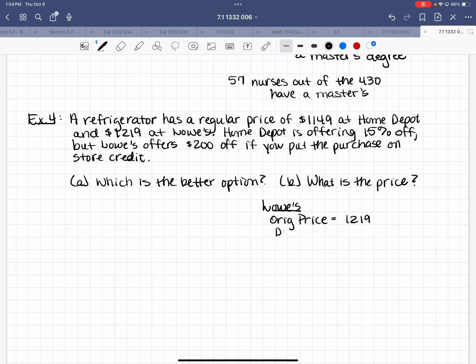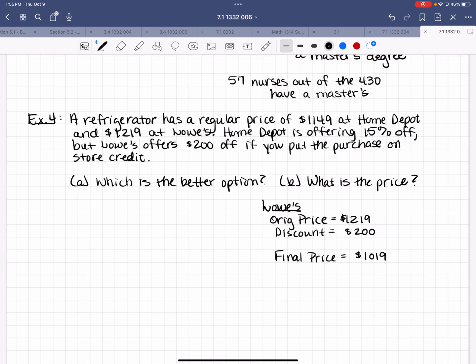The discount, we go ahead, we sign up for that credit card, in-store credit. The discount they're going to give me is $200. So my final price is going to be what? Yeah, $1,019 for that refrigerator at Lowe's.